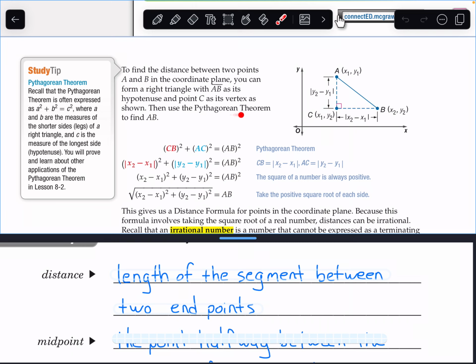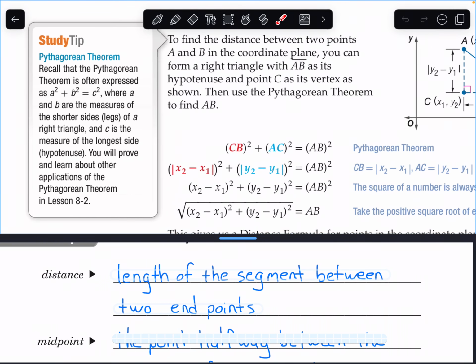However, you might not be familiar with the Pythagorean theorem. So here is a quick reminder. Recall that the Pythagorean theorem is often expressed as a squared plus b squared equals c squared, where a and b are the measures of the shorter sides, legs, of a right triangle, and c is the measure of the longest side, hypotenuse.